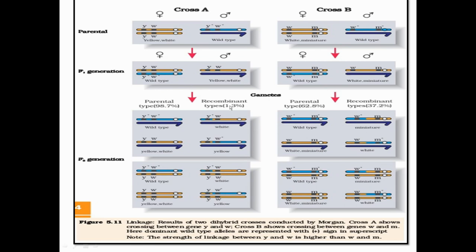You need to understand this is a sex linked experiment. We have taken XX chromosomes of the female and XY chromosomes of the male. Similarly, in cross B, we have taken XX chromosomes of the female and XY chromosomes of the male. Here you can see the yellow and white genes are closely associated.